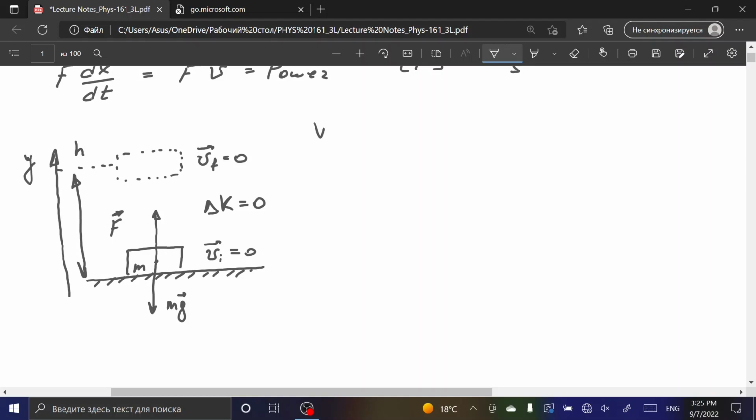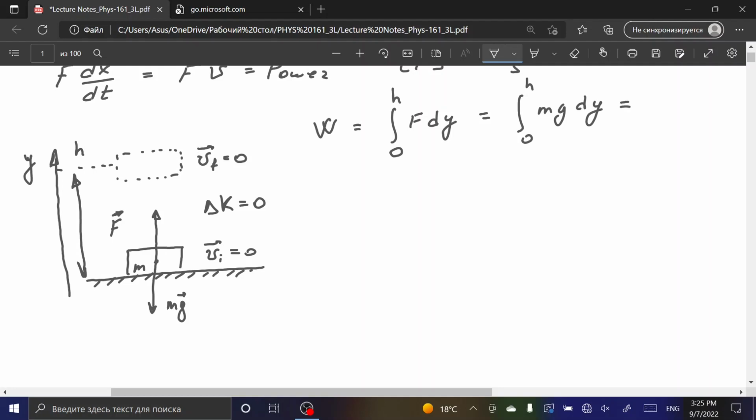So the work done by this external force exerted on the block can be defined as the integral from 0 to h along axis y of f times dy. That's in general form. In this particular case, we write that it's equal to mg times dy, and m and g are constants, so we can take them out of the integral.